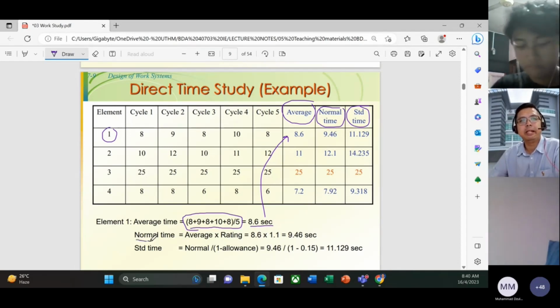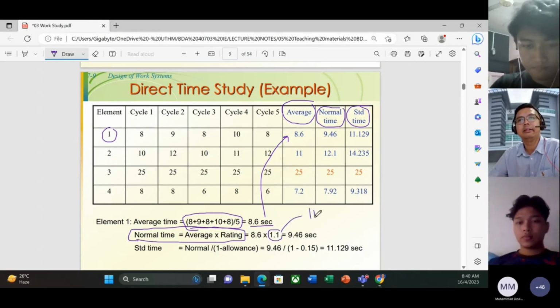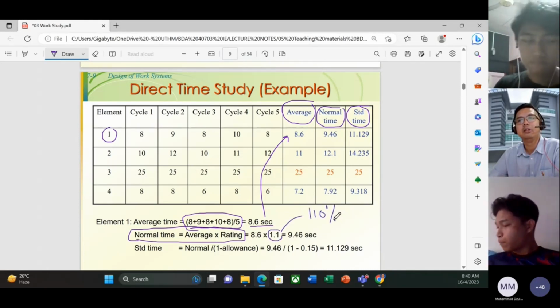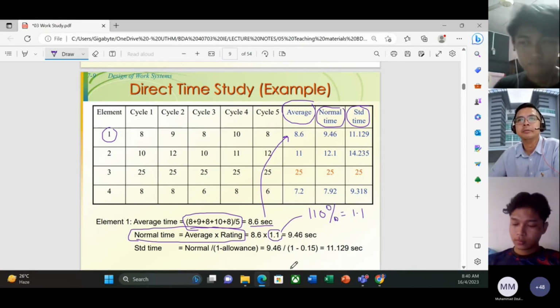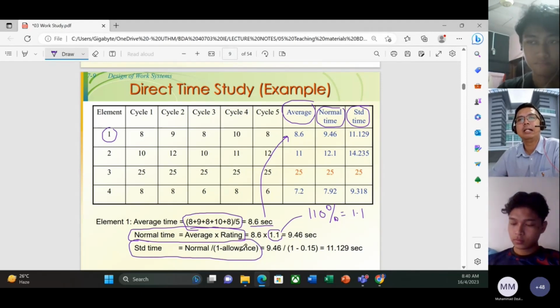Please use your calculator. Is it correct? Correct, good. To calculate the normal time, please remember this formula: average times rating. They gave you a rating of 110%, so we divide by 100 and get 1.1. To calculate the standard time, normal time divided by 1 minus allowance.